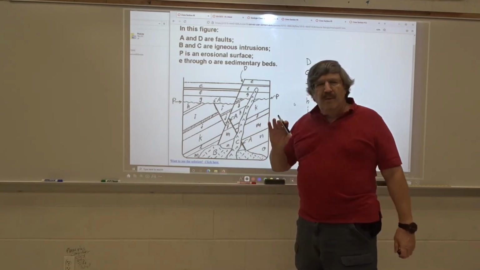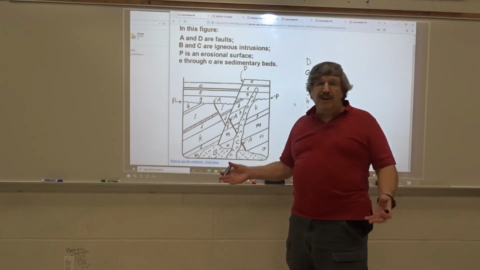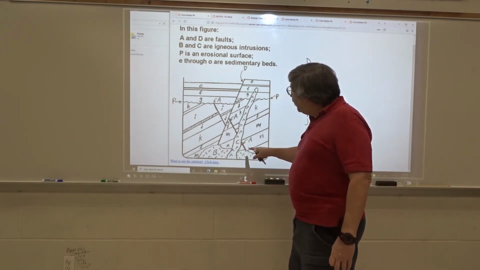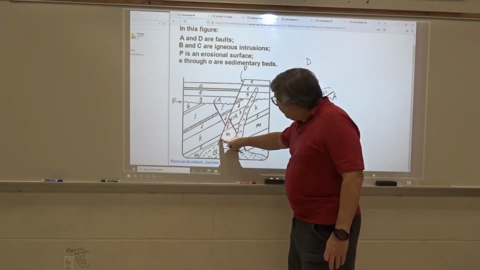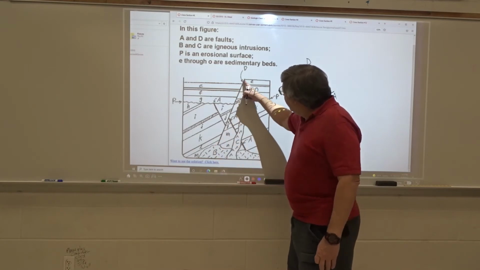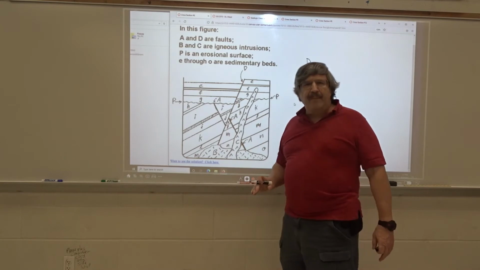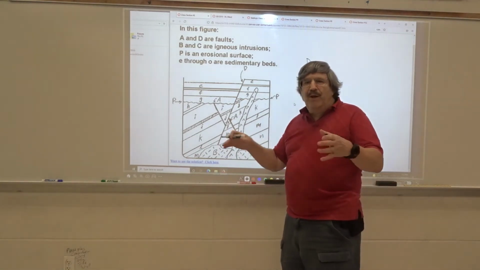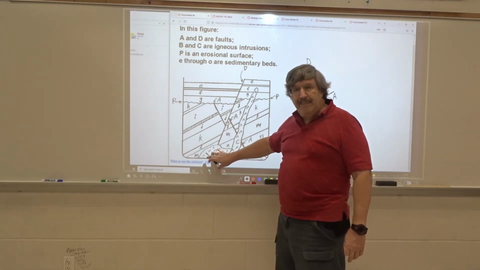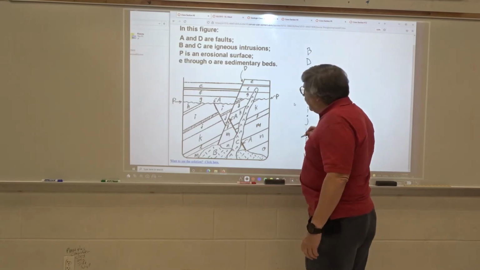Now, we can see that B has cut through or melted through or cracked through all the sedimentary layers up through M, but notice also B truncates D. This fault rather used to extend farther down, but then it was melted away by B. So B actually has to be younger than D. So B goes here.